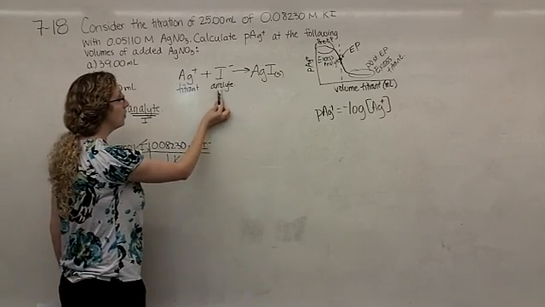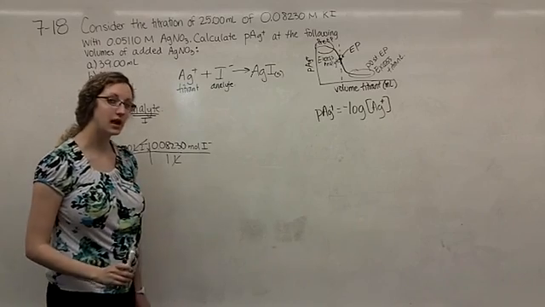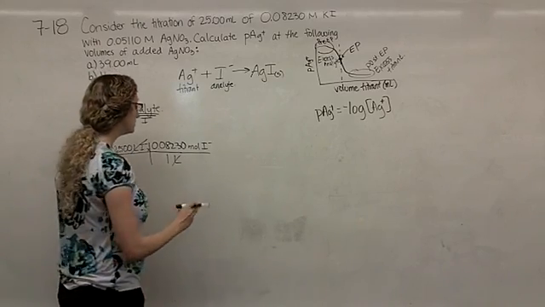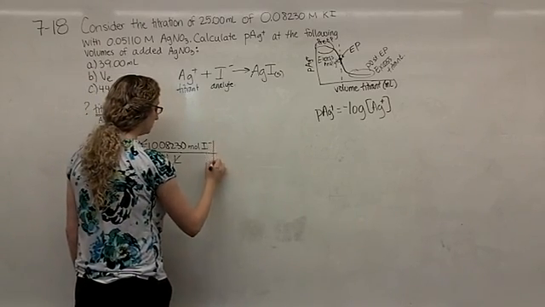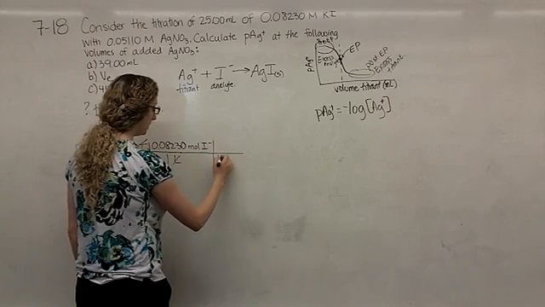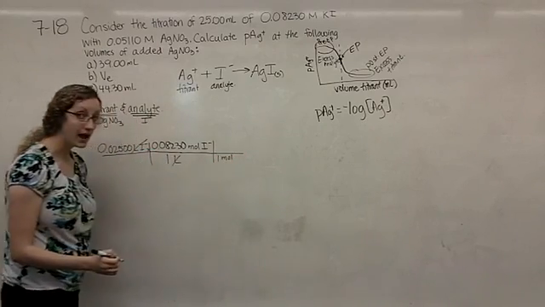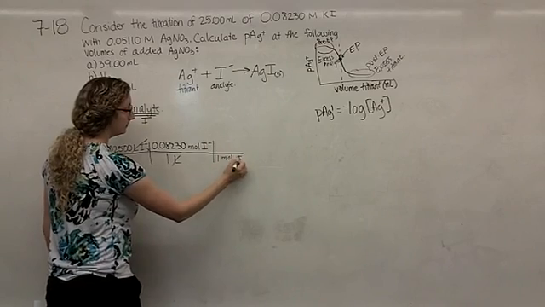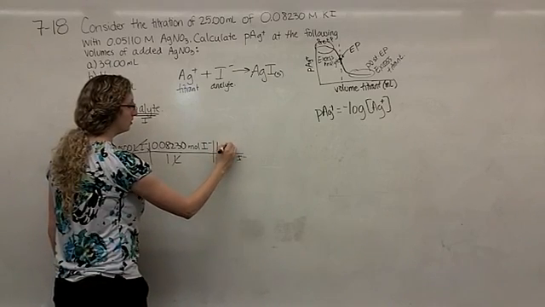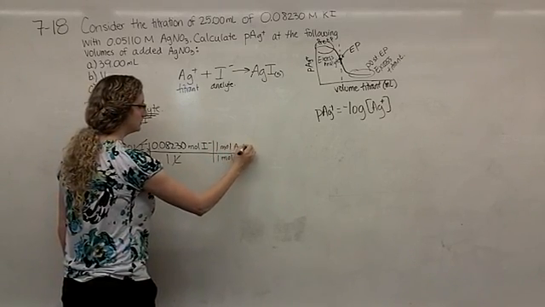We know that there is a 1-to-1 mole ratio of our analyte to our titrant, so we are going to state that here. So we have 1 mole of iodide to 1 mole of silver plus.